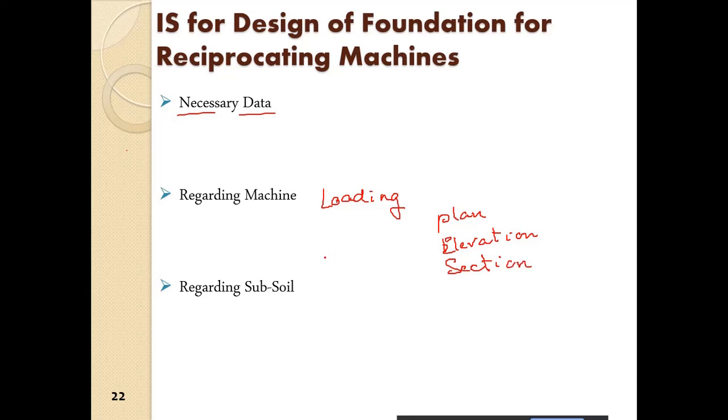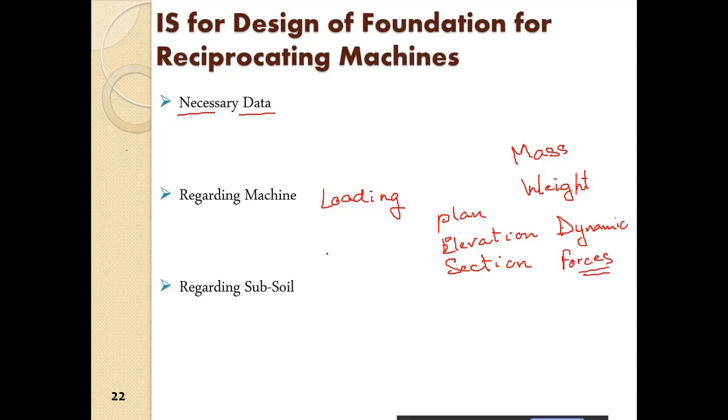Apart from that, we need first of all the mass of the machine. What is the weight of the machine? Then of course the dynamic forces. When the machine is operated, what will be the dynamic forces which will be induced?